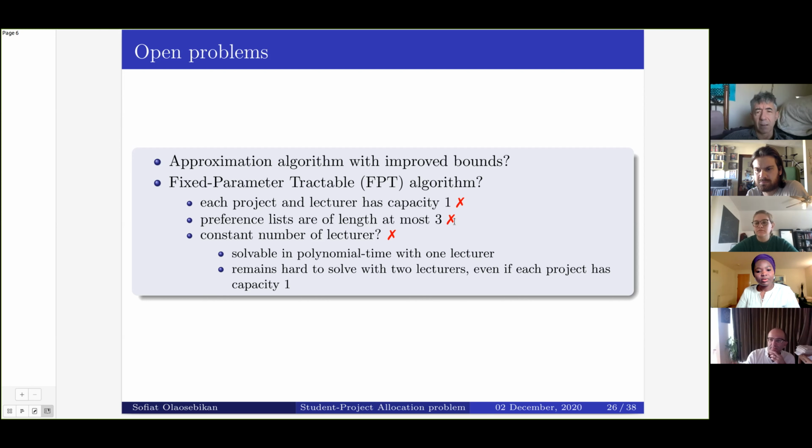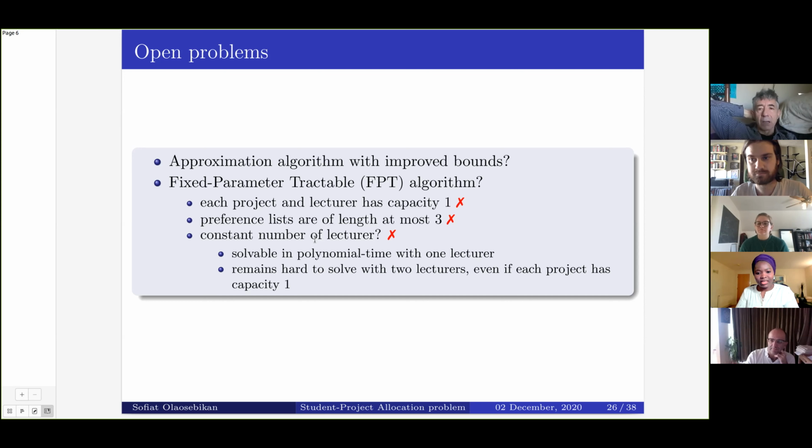So for instance, when we showed that if we have two lecturers the problem is NP hard, it was in addition to each project and lecturer having capacity 1. If each project and lecturer have capacity 1 and there are just 2 lecturers, then the problem remains NP hard. So we combined those.